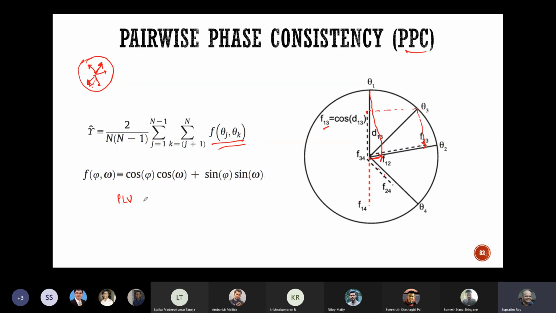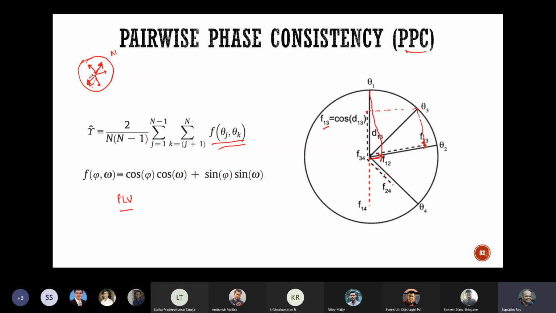That is where the PLV has a bias. It depends on the total number of trials. So let's just think about this a little bit better and try to estimate what this bias is going to be. How would it depend on the number of trials that you have, which is n?